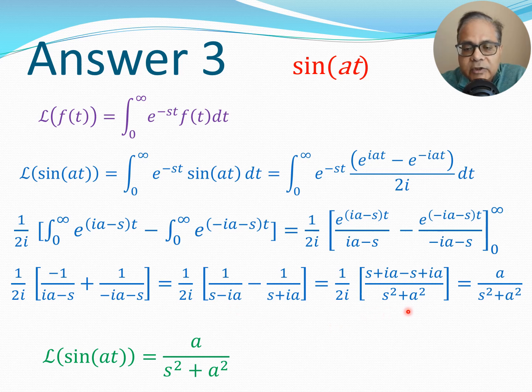That's going to give me s squared plus a squared, and on the numerator I'm going to get (s plus ia) minus (s minus ia). So I'm going to get simplification here through the cancellation of these s's, and finally I'm going to land up with a by s squared plus a squared. So this is the formula: the Laplace transform of sine at is a by s squared plus a squared.